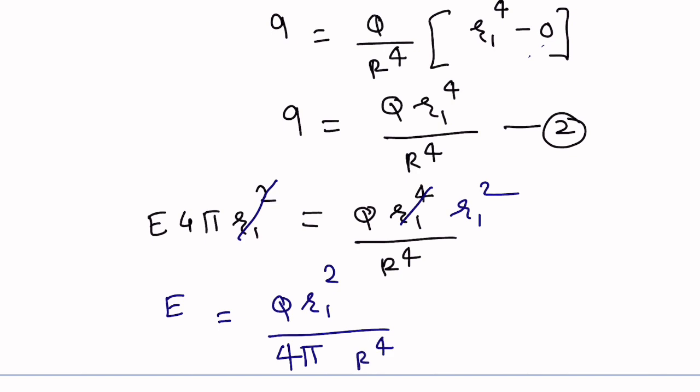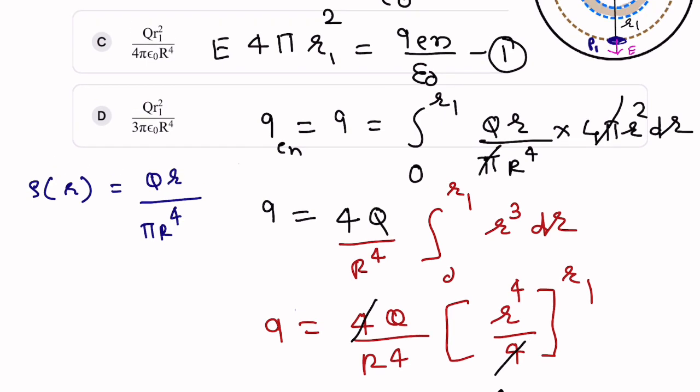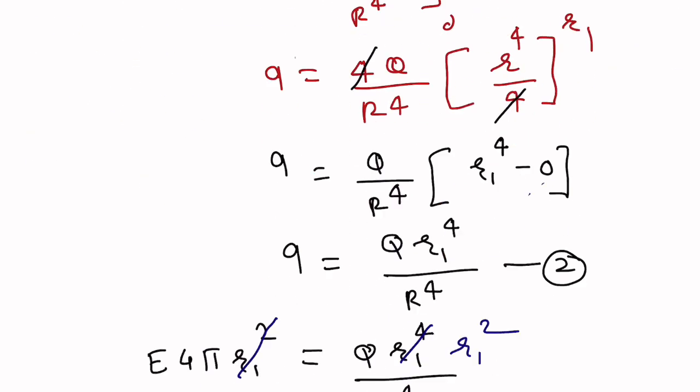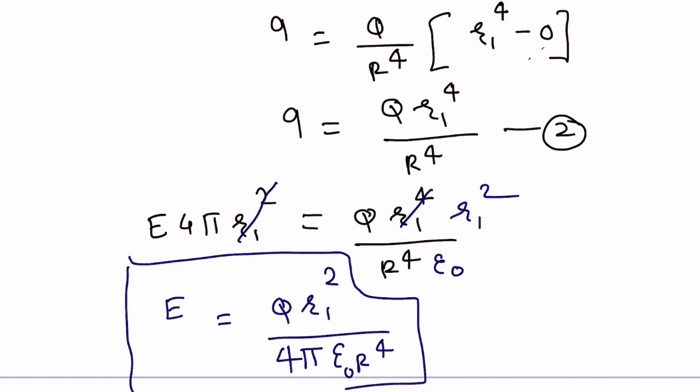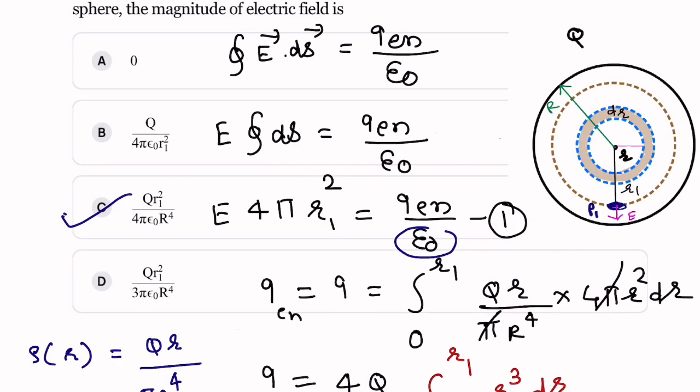Now, in equation 1, the denominator is epsilon naught, so put it here. We get E equal to Q r1 square by 4 pi epsilon 0 R to the power 4. The answer is option 3, C: Q r1 square by 4 pi epsilon 0 R raised to power 4.